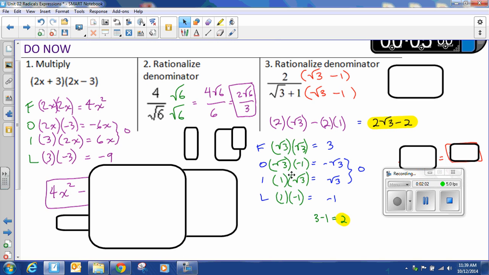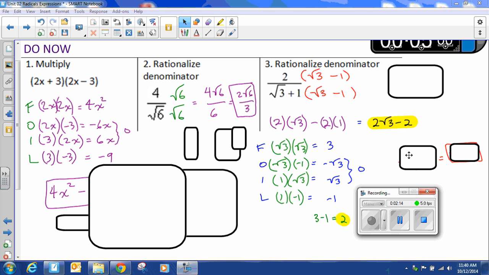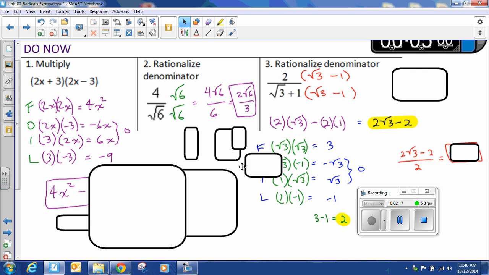And as you can see, because of the sign change here, plus minus, the outer and the inner terms will cancel out, leaving 3 minus 1, which is 2. So putting all this together, our expression is now 2 radical 3 minus 2, all divided by 2.